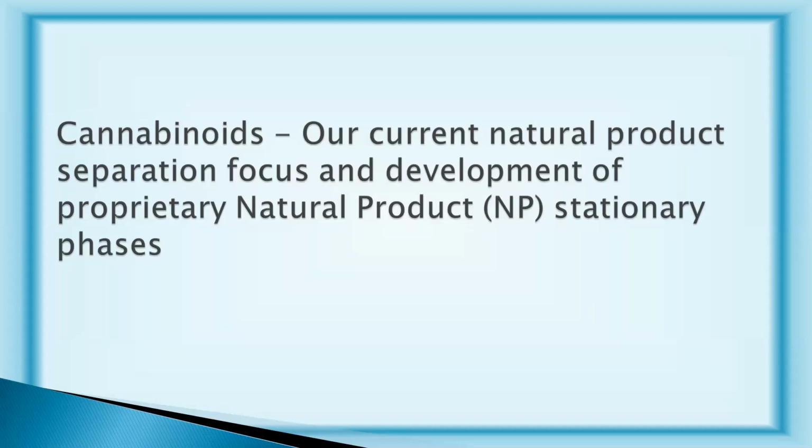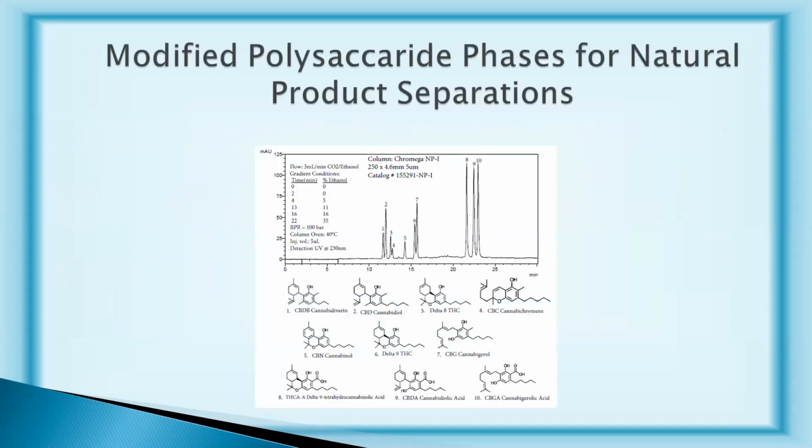I view this as very similar to WD-40. If anybody's ever used that, WD was water dispersant, and 40 was the 40th experiment that the chemists had done to get this product to work. So we go through these various modifications of our stationary phases to try to optimize them for a particular natural product separation. One of the early versions was MP1.